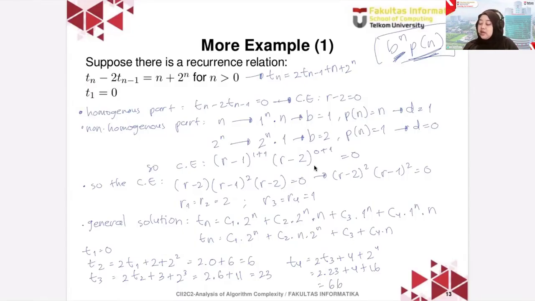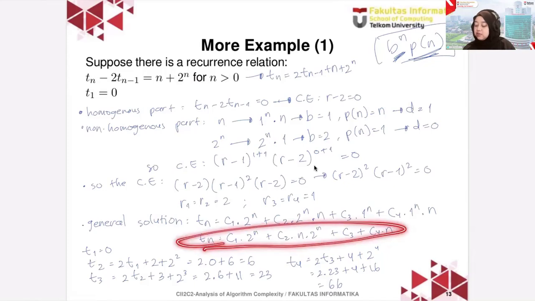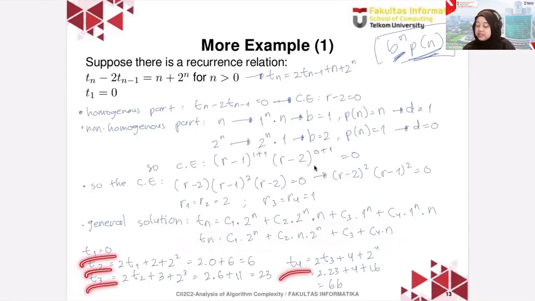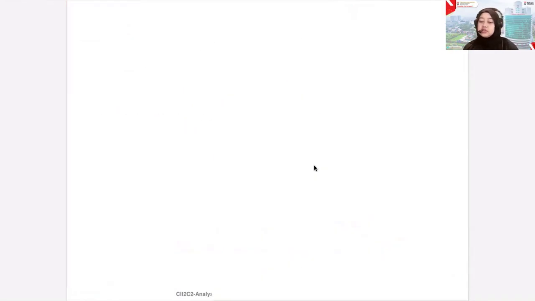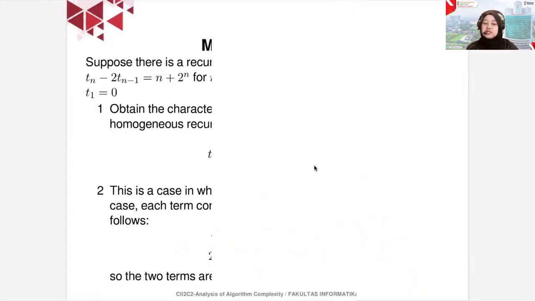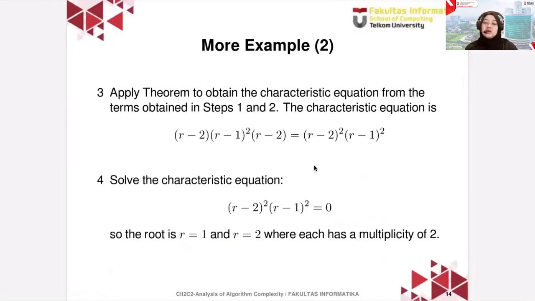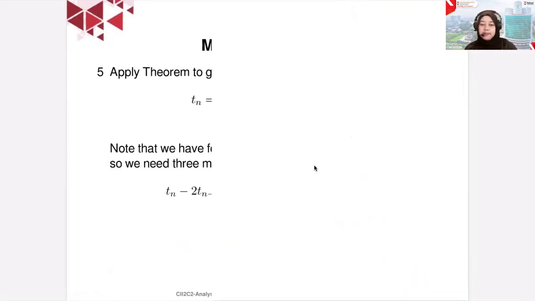So now we have a general solution with four coefficients. We have four base cases. We can substitute n equals 1, 2, 3, 4 into the general solution and find C1, C2, C3, and also C4. Okay, so this is what we discussed before.